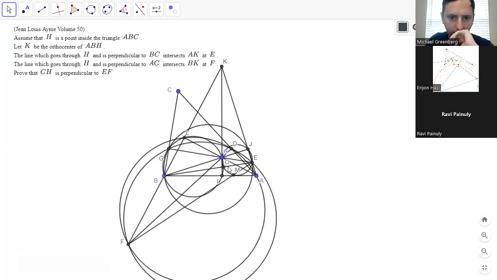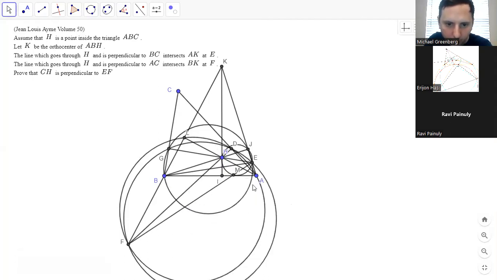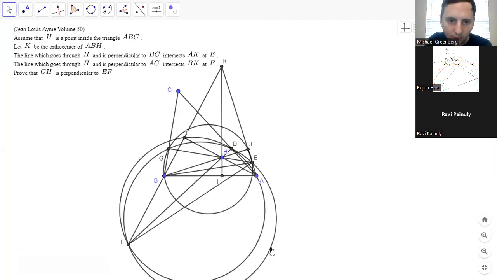And we can delete 0.0. And do we need these circles right here? I don't think so. Let's see, GH times HE. I don't think we need these. So yeah, basically we're using these circles.